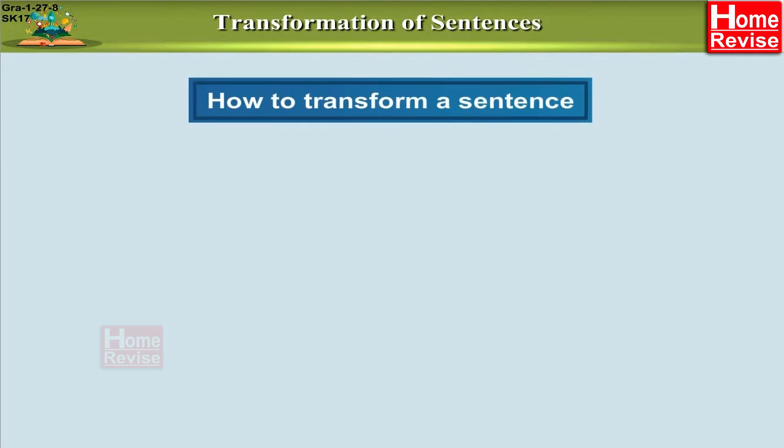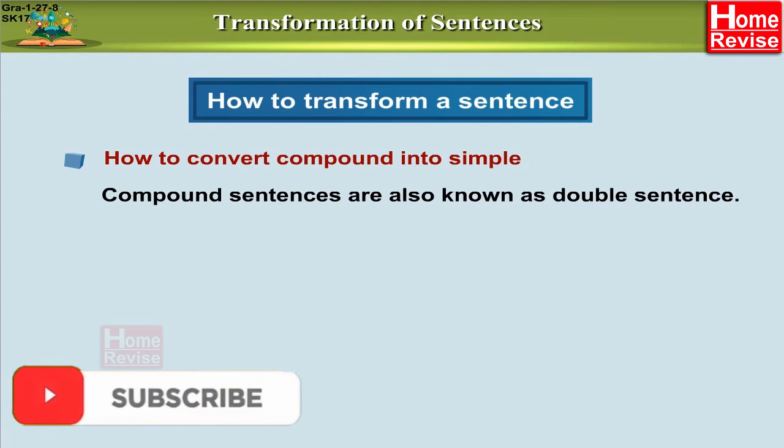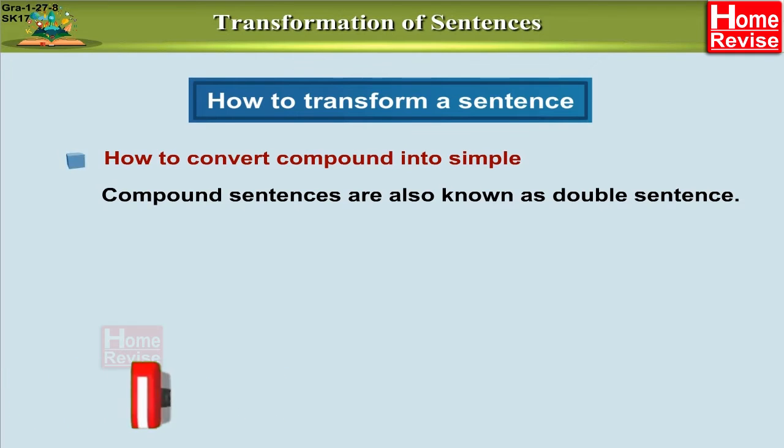Hey friends, now let's understand how to convert a compound sentence into a simple sentence. Well, a compound sentence is also known as a double sentence. It has two sentences which are combined with a conjunction. Let's take an example.